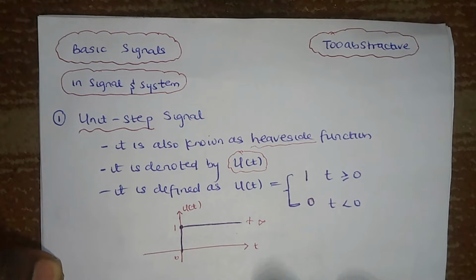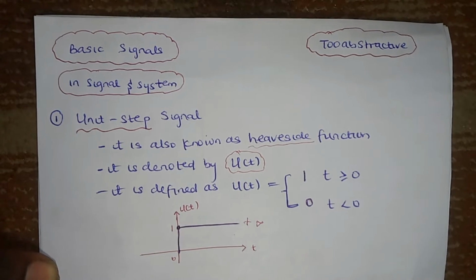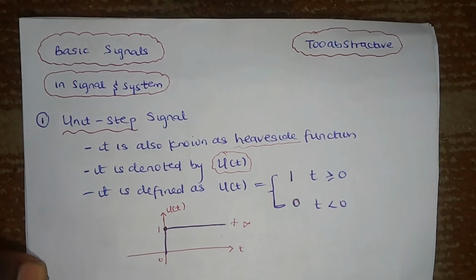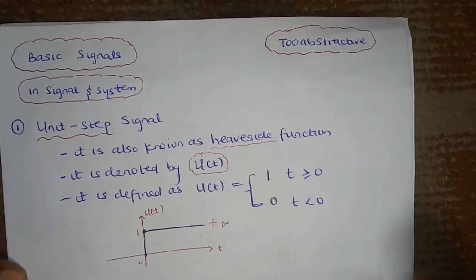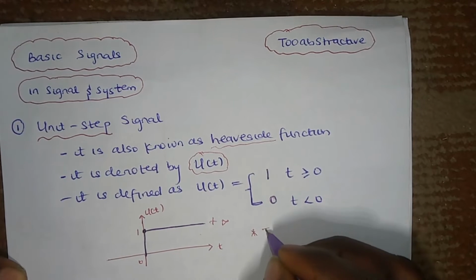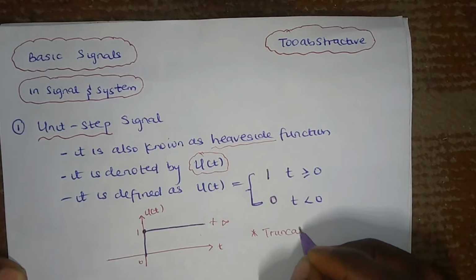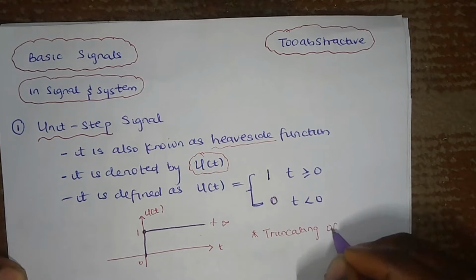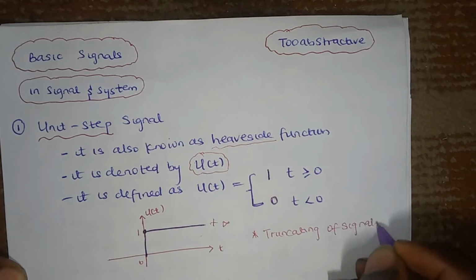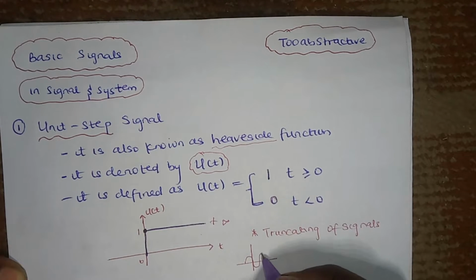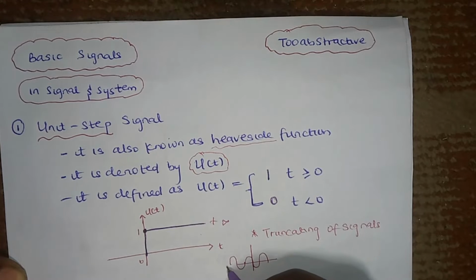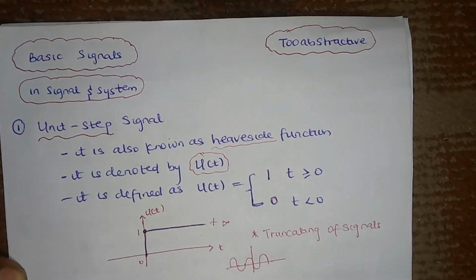Now, you might ask, what is the application of a unit step signal? One of the applications is that, as you can see, it only exists in the positive axis and not in the negative axis. So we use it in the case of truncation. Truncating of signals. For instance, let's say we have a sine wave. The sine wave is moving this way. It's occurring both in the positive and negative region, right?